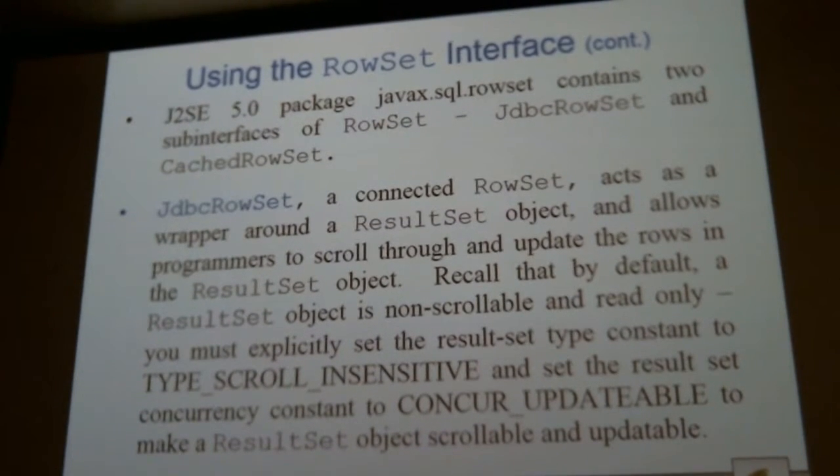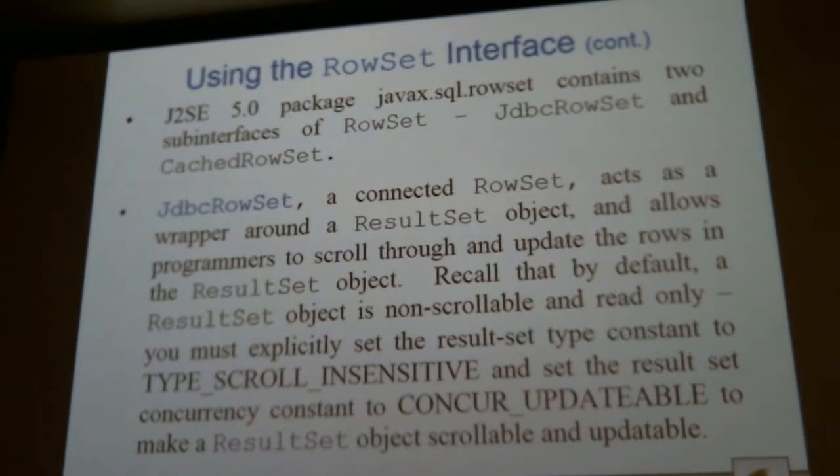Now, within the row set interface, there are several different types of sub-interfaces, which again are very important for enterprise type applications. The JDBC row set, the cached row set, and then there's actually a couple more that I'll talk about a little bit later. But the JDBC row set is a connected row set.